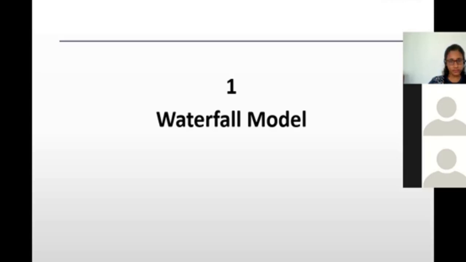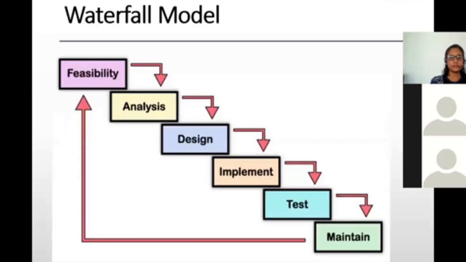So if you know this one properly, right, you can learn the rest very easily. Otherwise you can't come up with a good idea if you don't know the waterfall model properly, right? So here, first of all, I'll just go to the paint board with this one, right?